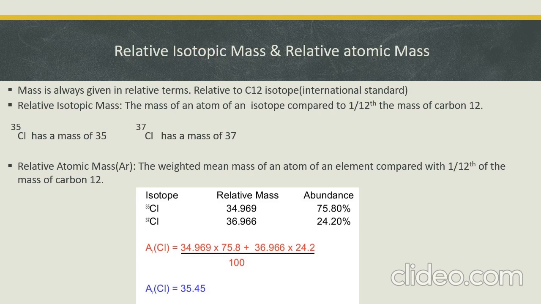So 34.969 times 75.80, which is the abundance, plus 36.966 times 24.20. First there's multiplication, then there's addition. You multiply these two first, and then these two, add the answers, and divide by 100. You get an answer of 35.45. This means that the relative atomic mass of chlorine is 35.45.